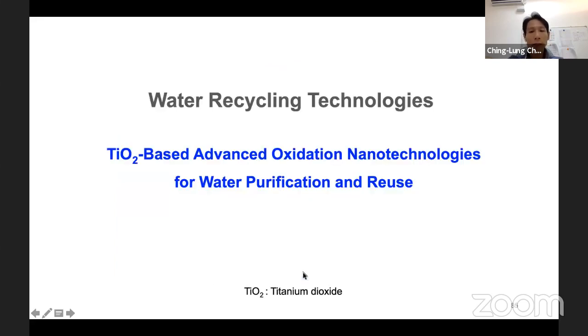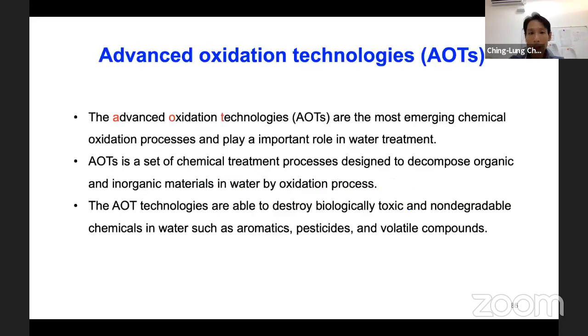And this is one of the cases. People use TiO2-based advanced oxidation nanotechnology for water purification and reuse. TiO2 refers to titanium dioxide. TiO2 has become popular in recent years, because people call TiO2 a green material. So what is advanced oxidation technology?